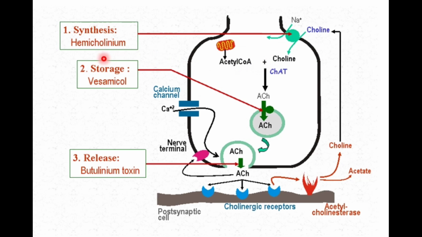Hemicholinium blocks the choline uptake pump and thus produces a delayed block of cholinergic transmission. There is a delay because preformed acetylcholine must be used up. Hemicholinium has no clinical application because it will affect all cholinergic neurons. In other words, it is not selective.